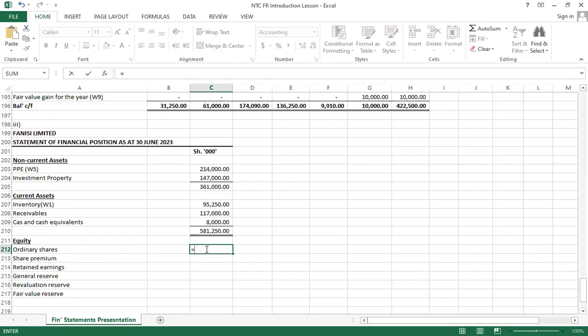What we need in the balance sheet are their balances carried forward, which I'll copy from my statement of changes in equity. We've already computed their balances for the balance sheet.